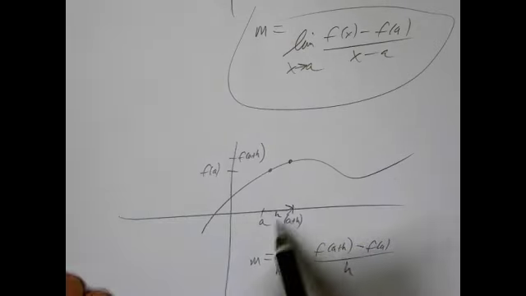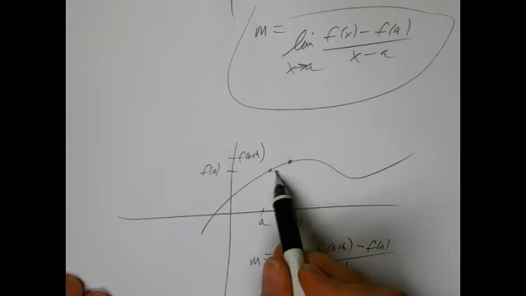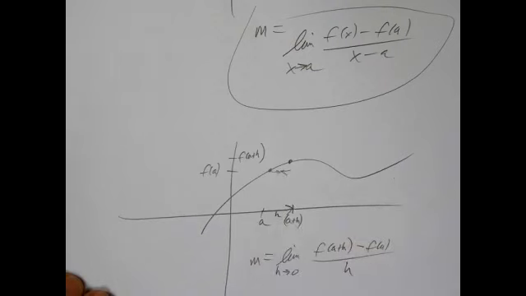In other words, we're going to let the distance between these two go to 0. And again, that's what we will define as the slope of our tangent line, which is the slope of the function at a particular point.